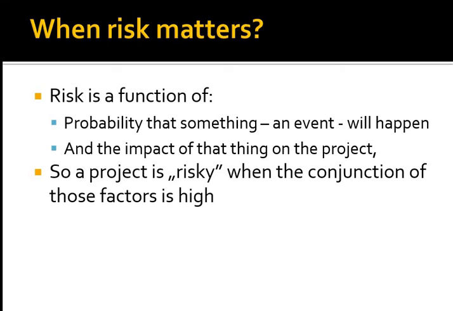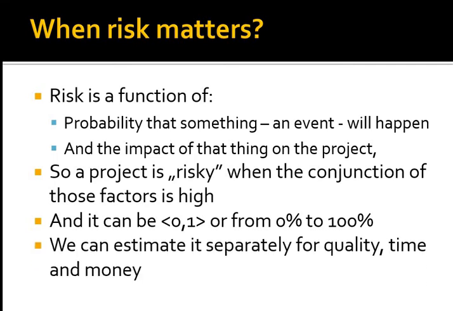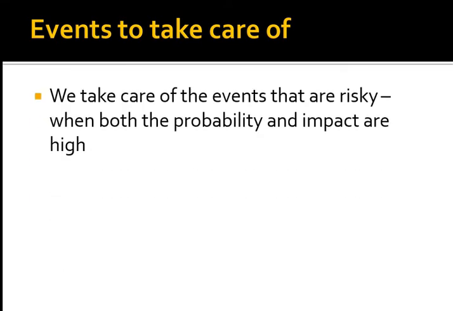The project is risky when those factors multiplied by each other are high, so we can also calculate the risk, and it is going to be from 0 to 100%. We can deal with risk as we deal with quality, the time and money factor in our project. So what do we take into consideration?